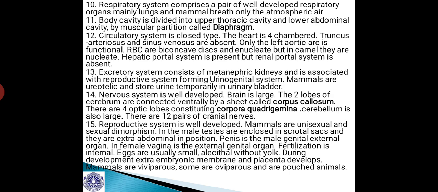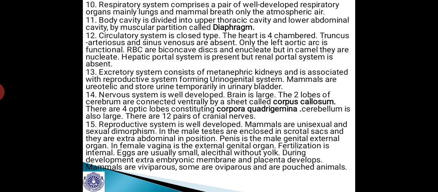The nervous system is well developed, brain is large, the two lobes of the cerebrum are connected ventrally by a sheet called corpus callosum, and there are four optic lobes constituting corpora quadrigemina. The cerebellum is very large, and there are 12 pairs of cranial nerves. So these are some features pertaining to the nervous system in mammals.